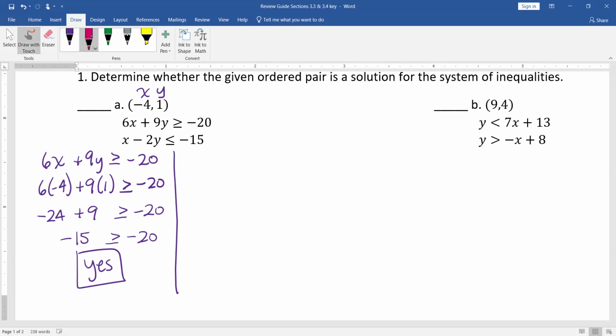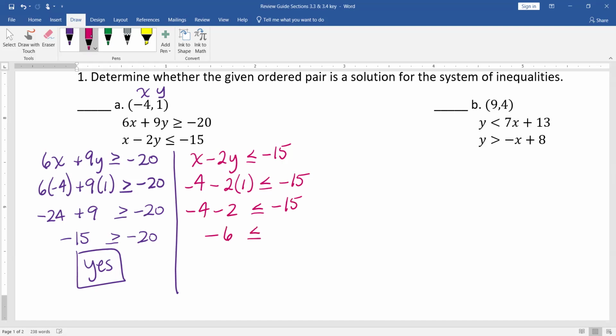Let's do the other one. The other one is x minus 2y is less than or equal to -15. So x is -4 minus 2 times 1. So -4 minus 2 gives me -6. -6, because they're negative, smaller number, so it's farther to the right than -15.